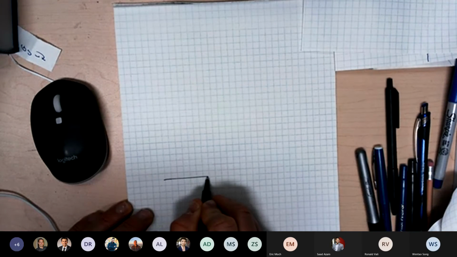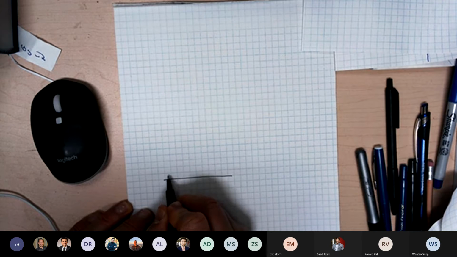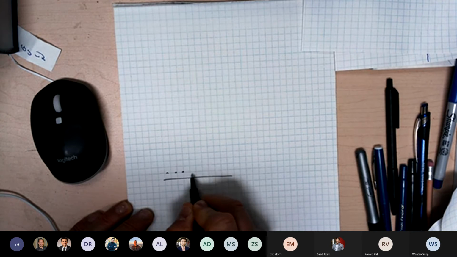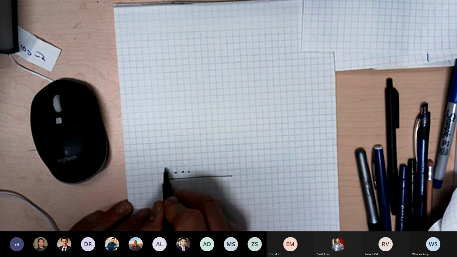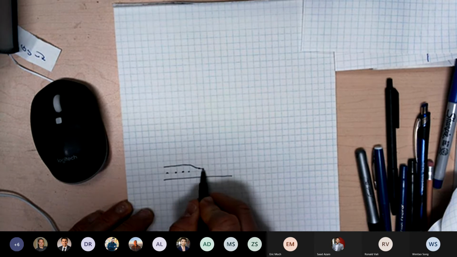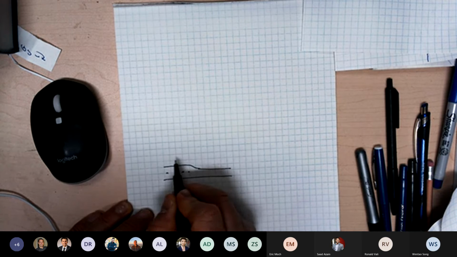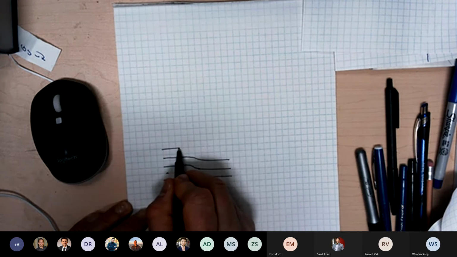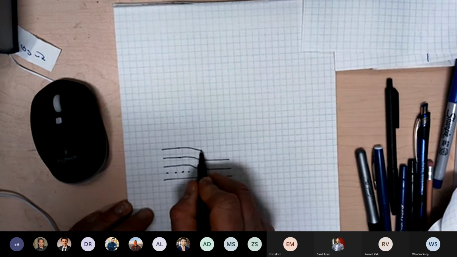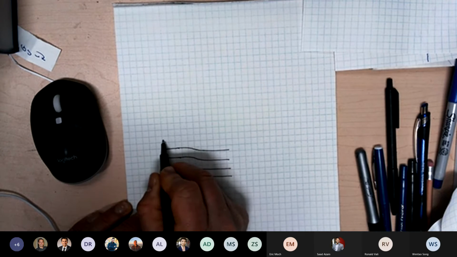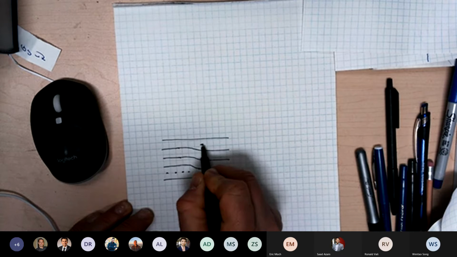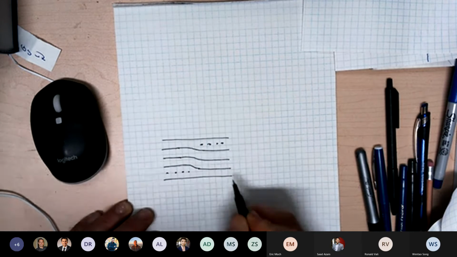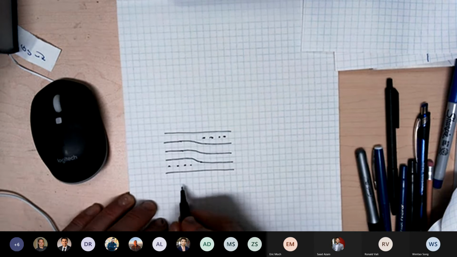All right. This is what stage 3 is thought to look like.